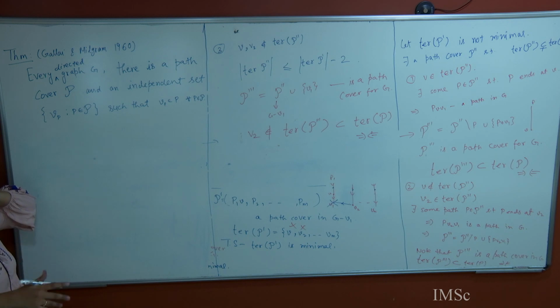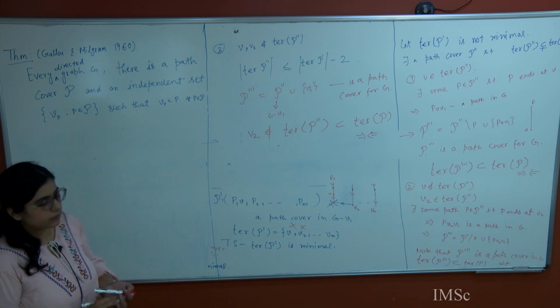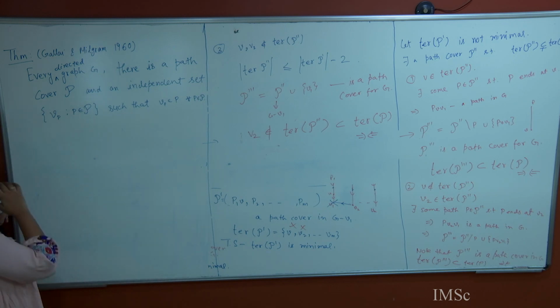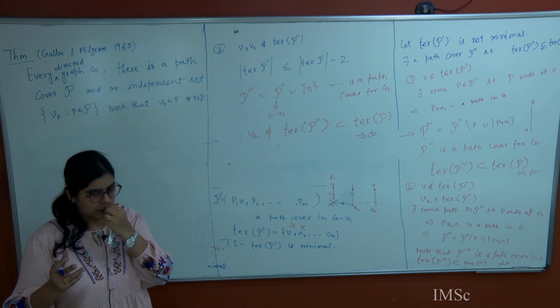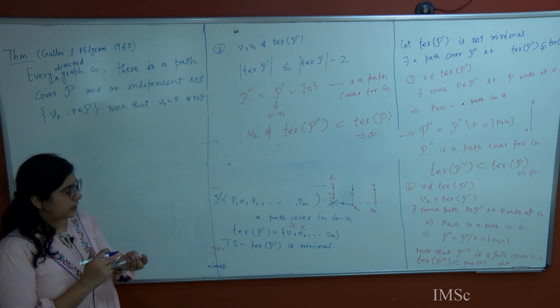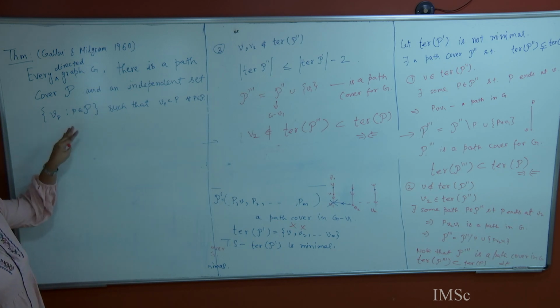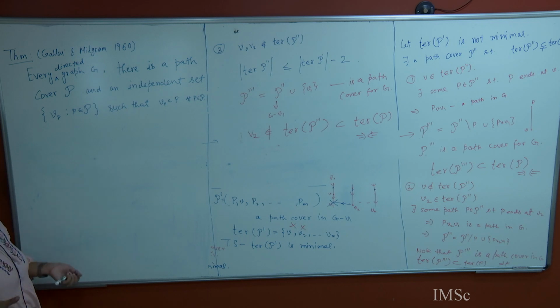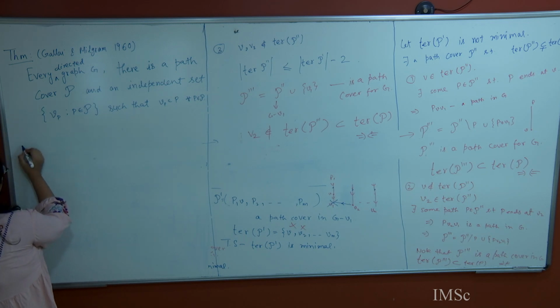So we have shown the existence. Last time we were also talking about Dilworth's theorem. We will see how we can prove Dilworth's theorem from here, as this is a corollary of this result. So this follows Dilworth's theorem, and we will see how.